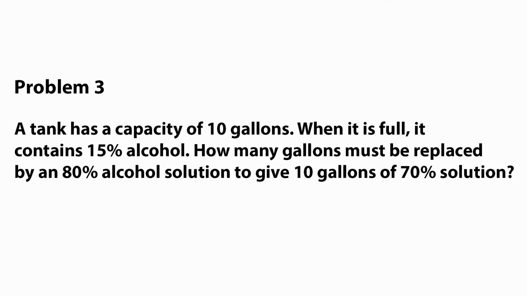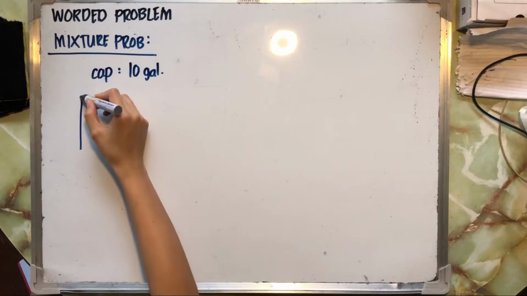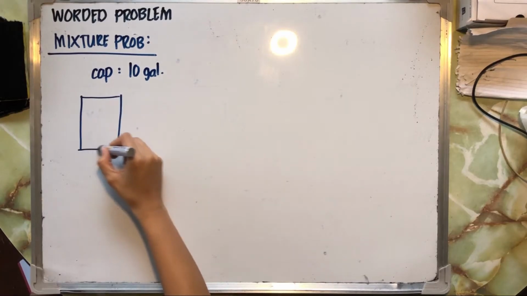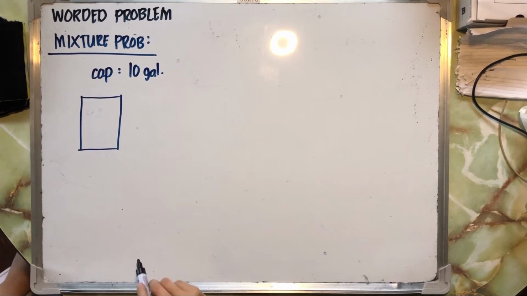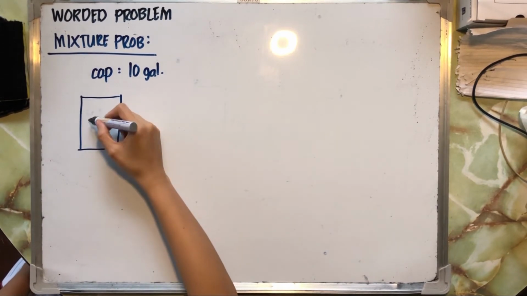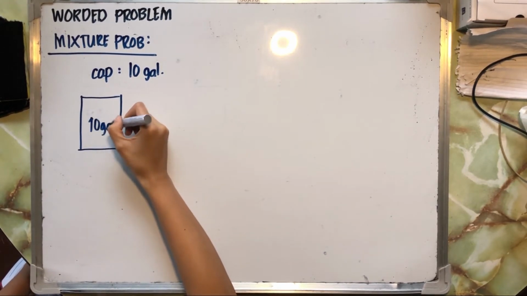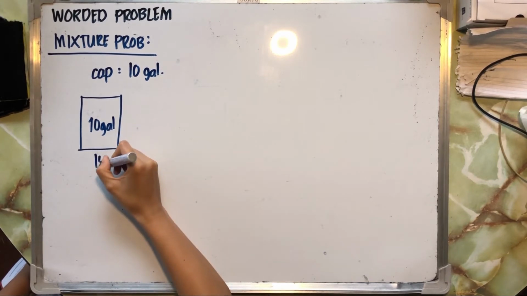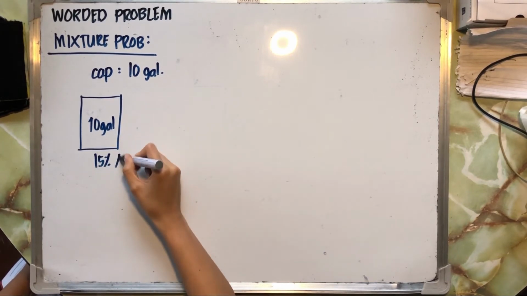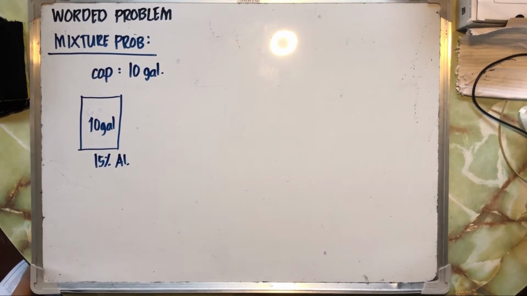How many gallons must be replaced by an 80% alcohol solution to give 10 gallons of 70% solution? Okay, ma'am, what does that mean? For a mixture problem, it may help if you draw something like this. If this is full, it's 10 gallons. Then you have a 15% alcohol solution here.